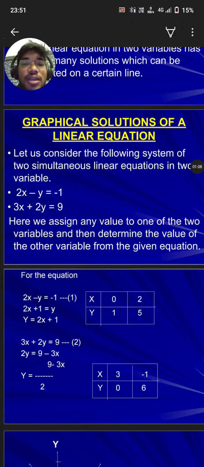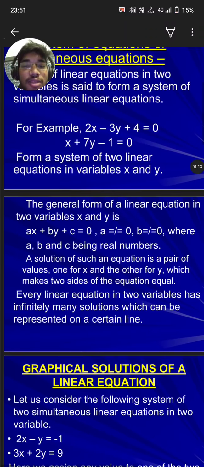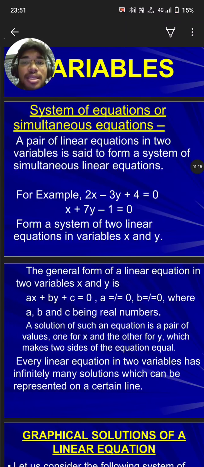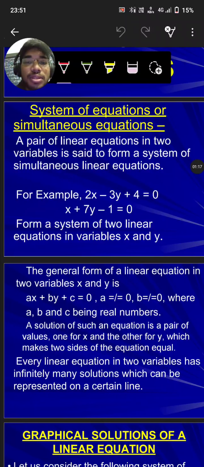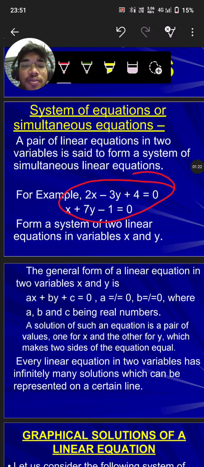Before this, we learned the general mathematical representation of linear equations in two variables. Here we can see the examples also. 2x minus 3y plus 1.